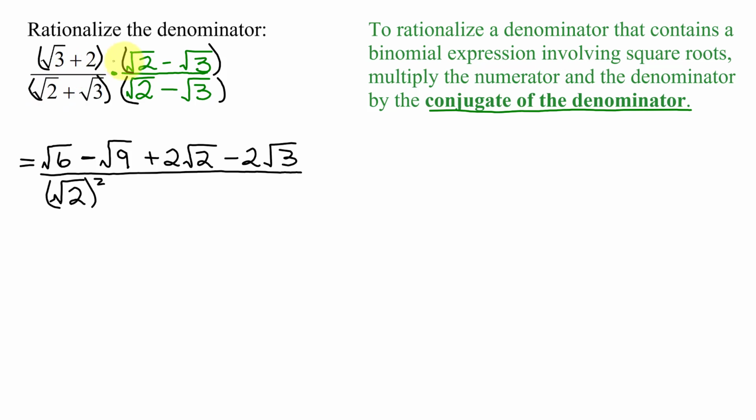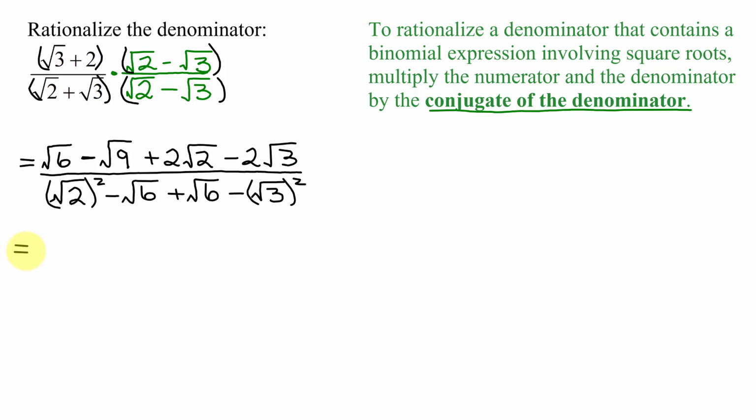Outer, the square root of 2 times negative the square root of 3 is negative the square root of 6. Inner, the square root of 3 times the square root of 2 is plus the square root of 6. And finally, last term, the square root of 3 times negative the square root of 3 is negative the square root of 3 all squared.